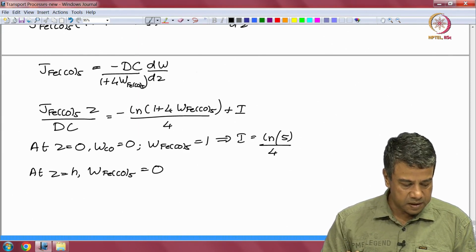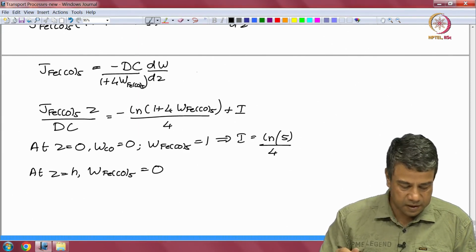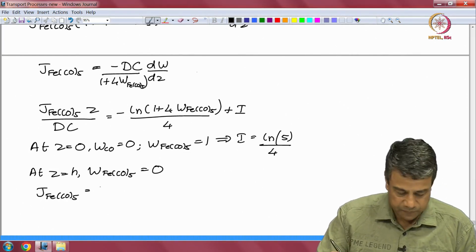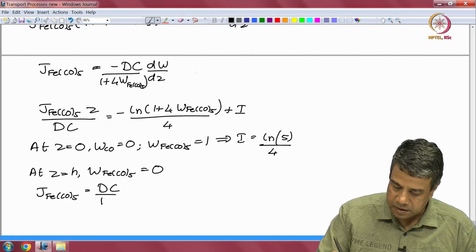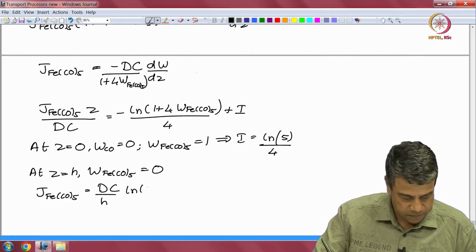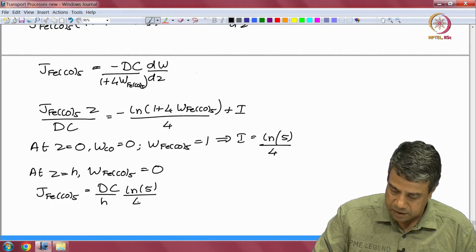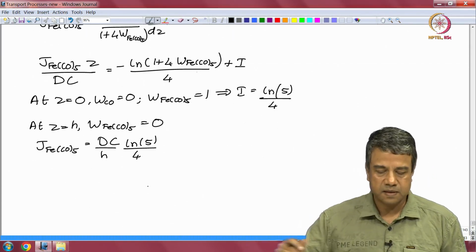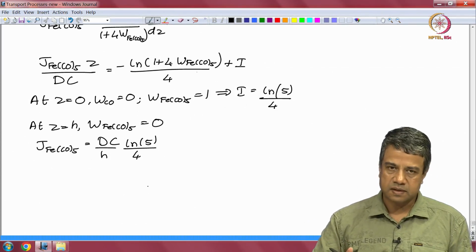Substituting that at z equal to H, you will find that J_FeCO5 is equal to cD by H log of 5 by 4, natural logarithm. So, this gives us the expression for the flux. Now, we only have to substitute.